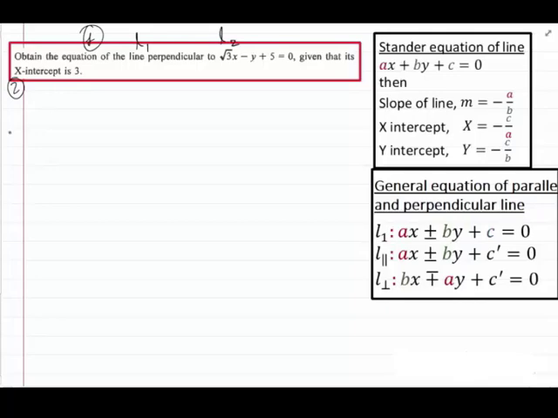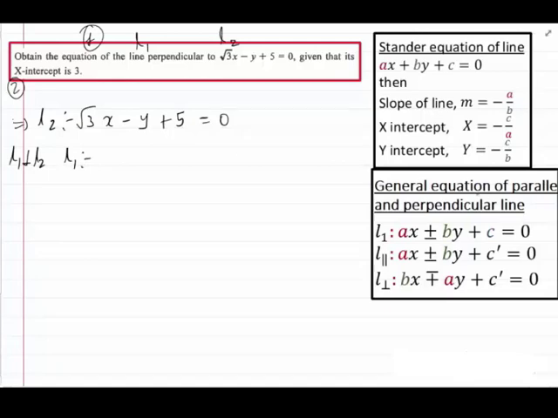Okay, let's try to solve this example. The equation of L2 is root 3x minus y plus 5 equal to 0, right? Now we have to obtain the equation of L1, which is perpendicular to L2, right?